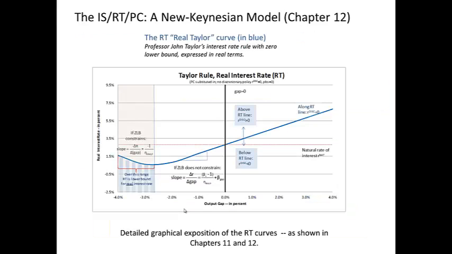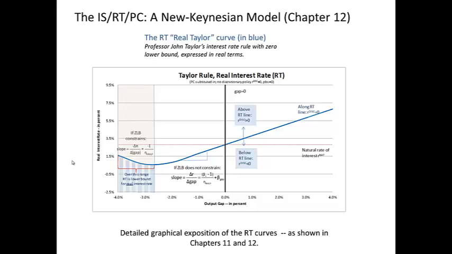Here we can see a more complete graphical presentation of the real Taylor or RT curve. On the horizontal axis, we have the output gap. On the vertical axis, we have the real interest rate. The leftmost portion of this curve is zero lower bound territory. The economy is experiencing an extreme downturn, and the nominal interest rate is stuck at zero.